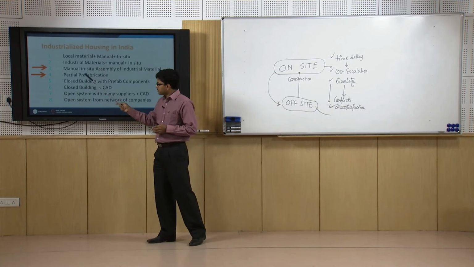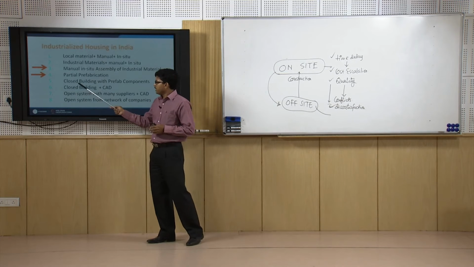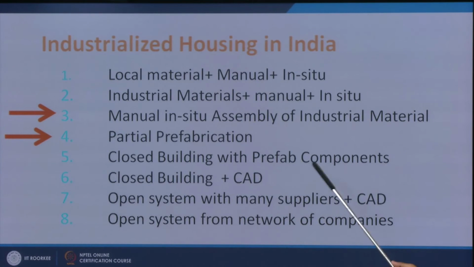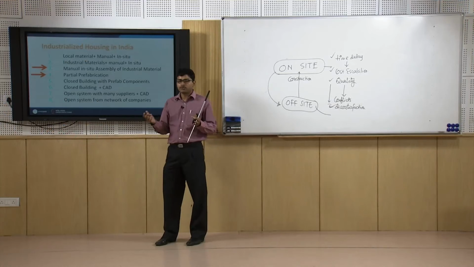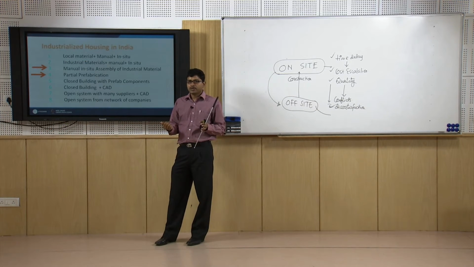The next stage is the closed building concept, or closed system with prefab components. One or two or a few developers or producers can come forward and develop the whole package of housing in an industrialized mode.